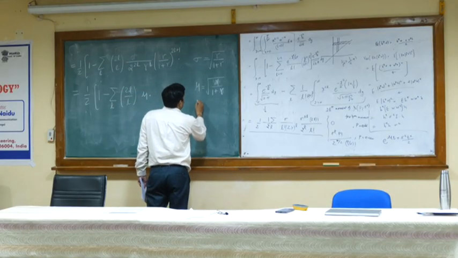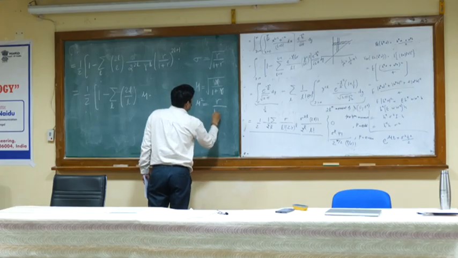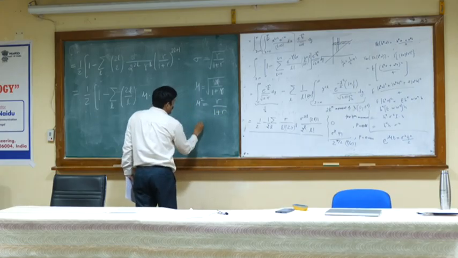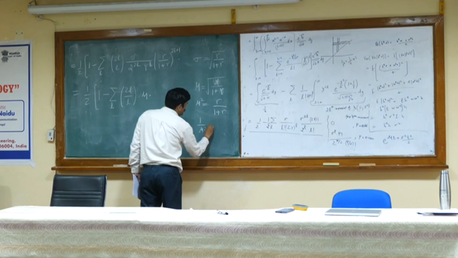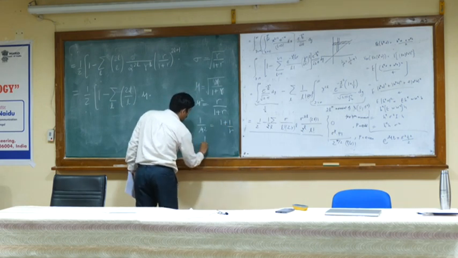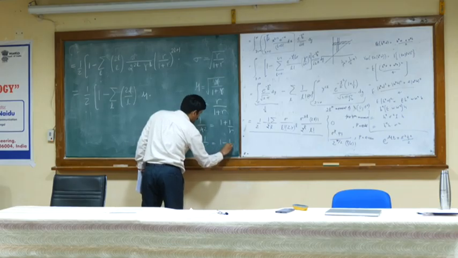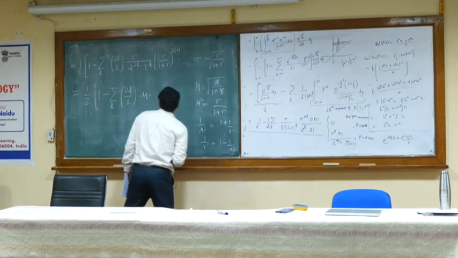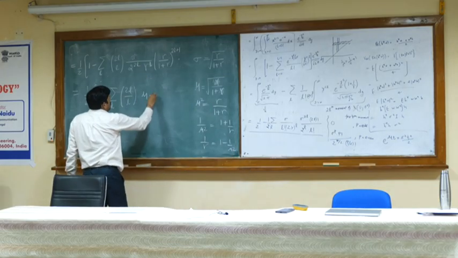So here we can calculate the gamma. So mu square is equal to gamma divided by 1 plus gamma, and 1 by mu square is equal to 1 plus 1 by gamma, and 1 by gamma is equal to 1 by mu square minus 1. Okay. So we have gamma here.